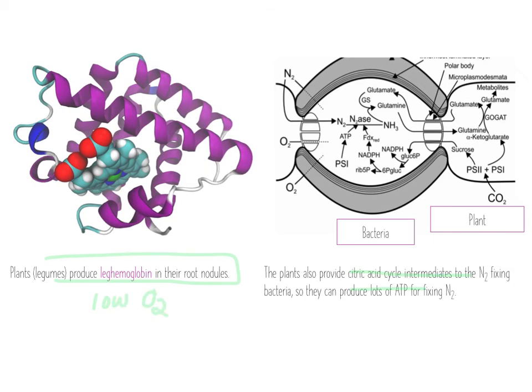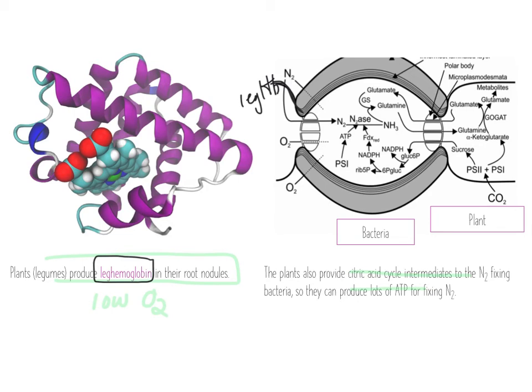Okay, and the way that it does this is the plants that are legumes, so these root nodules, have this protein called Leghemoglobin. So I'm going to put the Leghemoglobin, I'll just call it Leg HB.